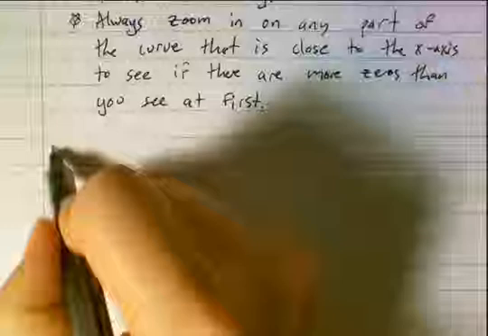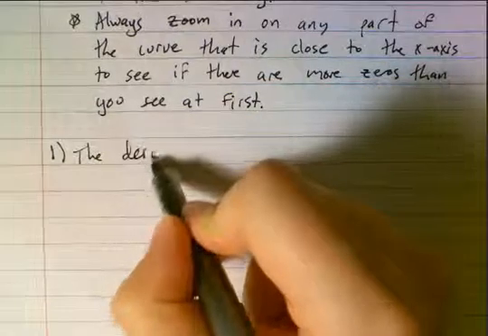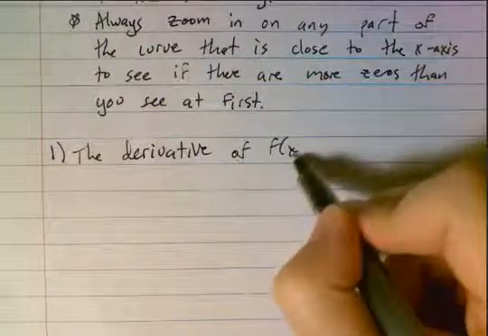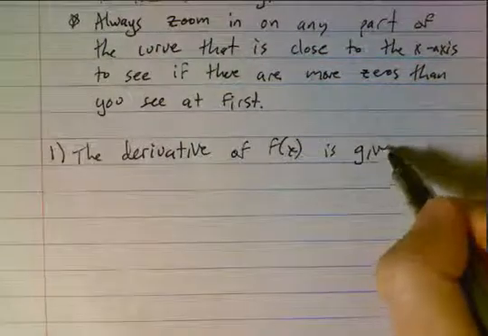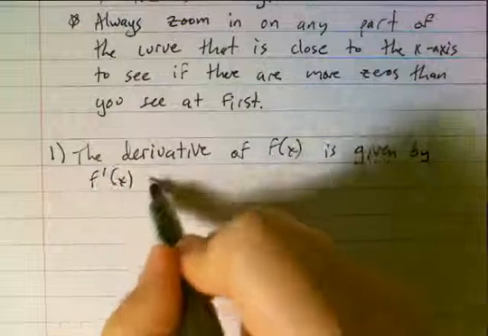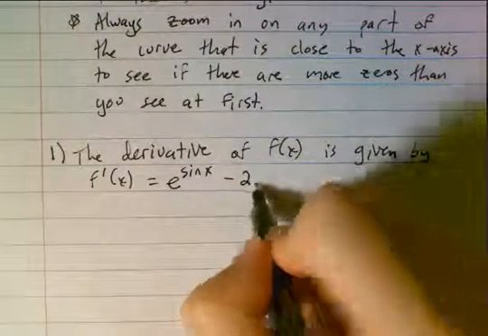Please title. The derivative of f of x is given by f prime of x equals e to the sine x minus 2.